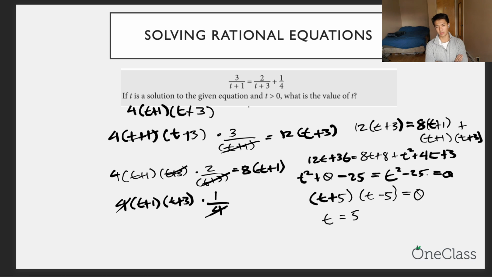It is time consuming, and it's going to be a bit of a hassle to do, but at the end of the day, that's a process you're going to have to go through in order to get the right answer here. And we can do the same thing for any rational equation that we come across. The approach is going to work for those as well.